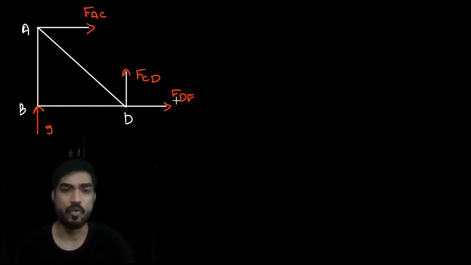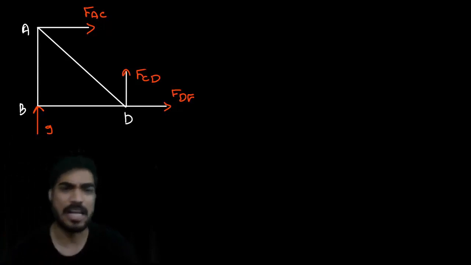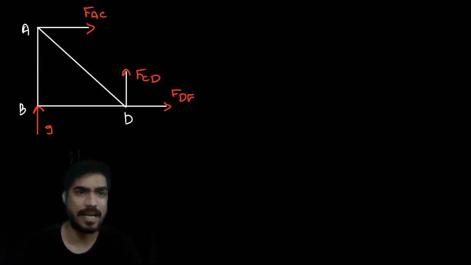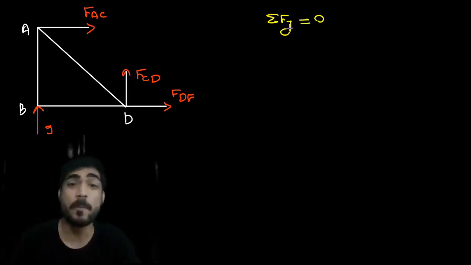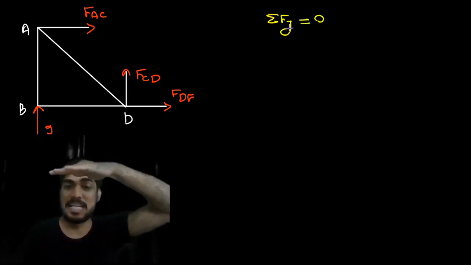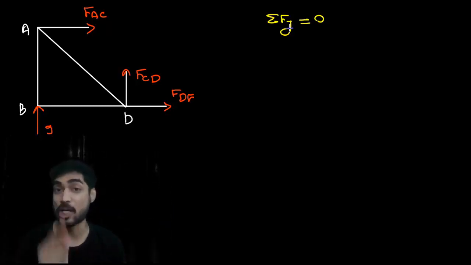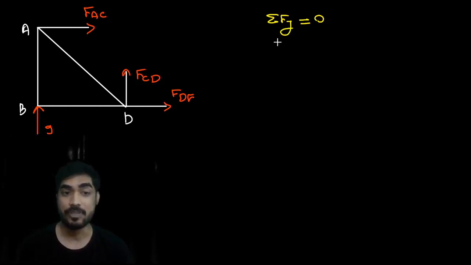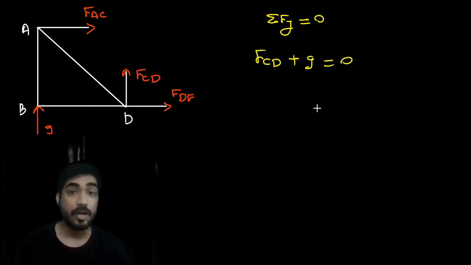So what can I do? First of all, FCD will be very easy to find. Just apply summation of Fy equal to 0, because FAC and DF are both in X. There is only one unknown in Y, FCD. So if you apply summation of Fy equal to 0, you get FCD plus 9 equal to 0.